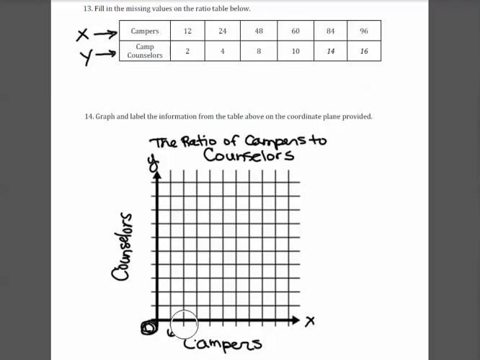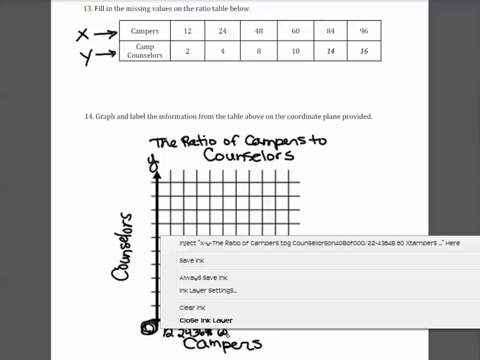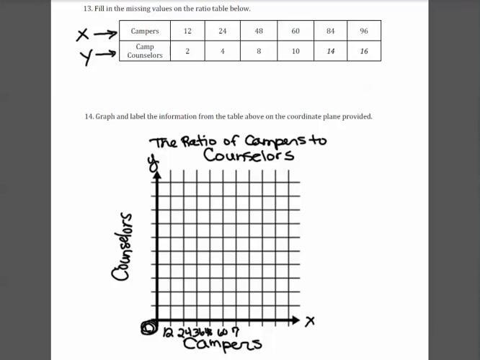So I'm actually going to change my mind and go up by 12s. Sometimes you might have to change your scale and go back. So 36, 48, 60, and then 72, 84, 96, and so on.